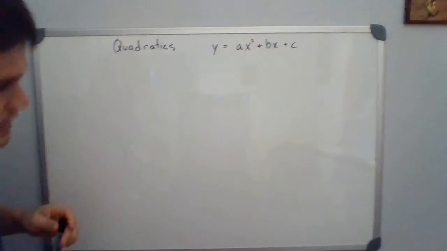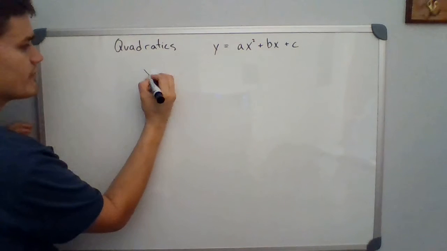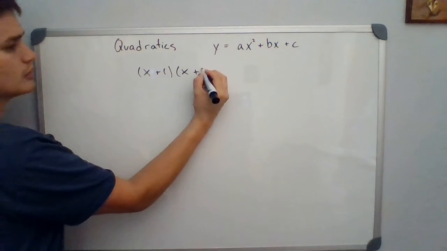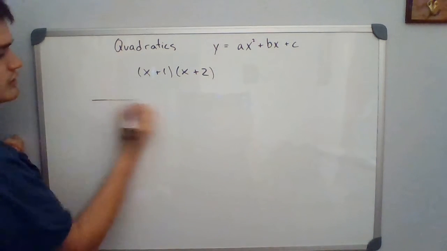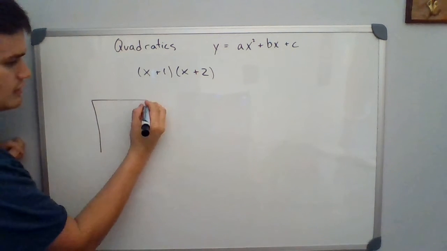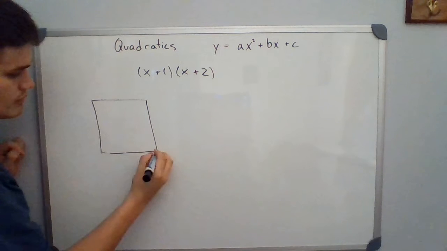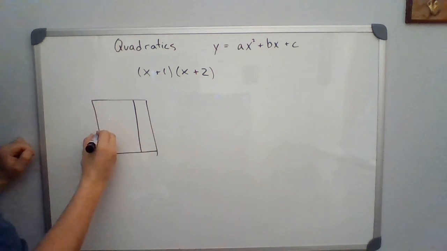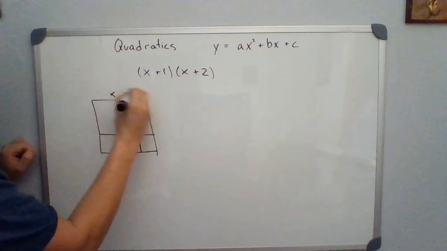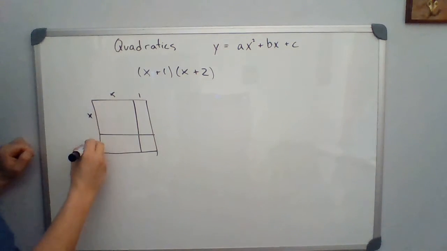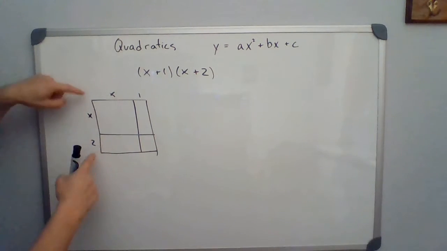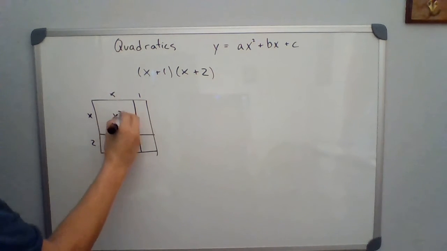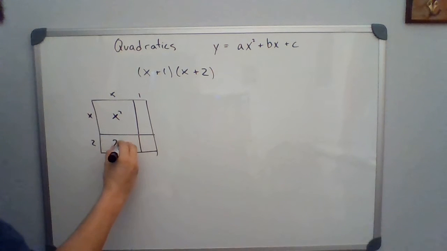So let me do a couple of quick examples of that. What if I have x plus 1 times x plus 2? Well, I could see that in the kind of diagram that I was showing before. If I have x and 1 and then x and 2 as two sides here, two linear terms, x plus 1 and x plus 2, I could just add up the sum of the parts.